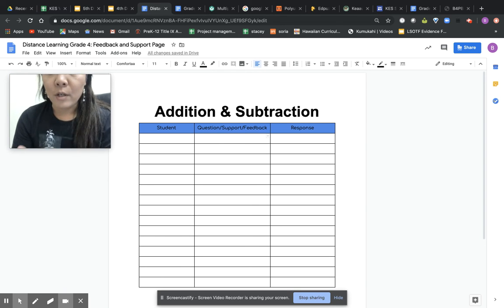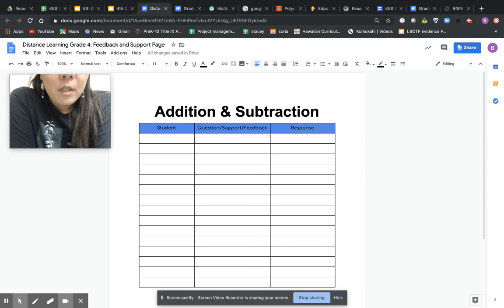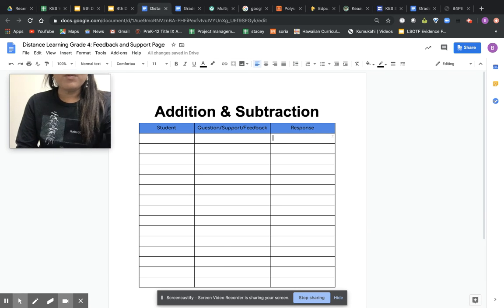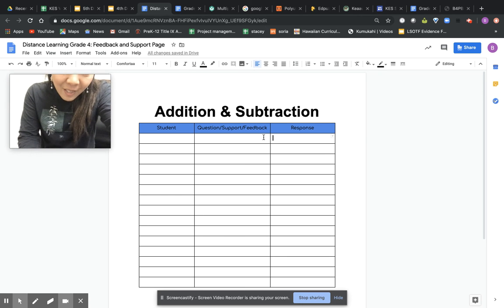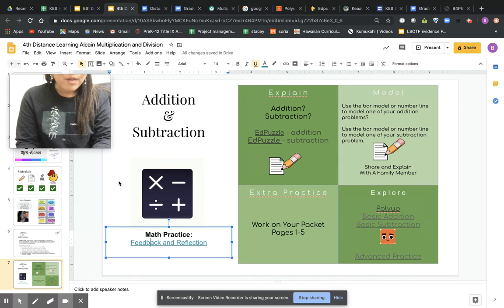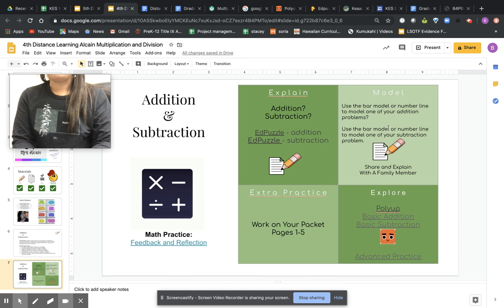You could also use this for generating questions because I'll check this throughout the day to send back some responses. I could put a response back over here to help support you in your learning in this virtual way. So you can use this as a way to stay connected and communicate. But I do want you to work on explaining. I want you to do a model, a representation, and share it with a family member.